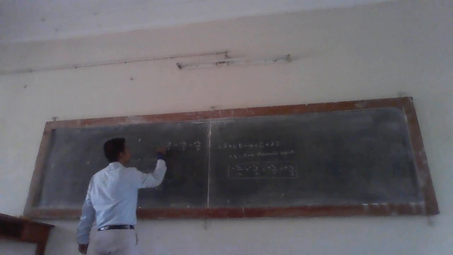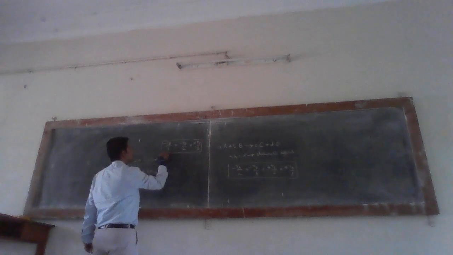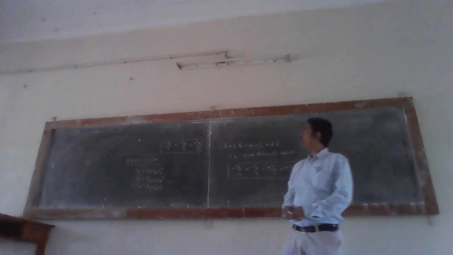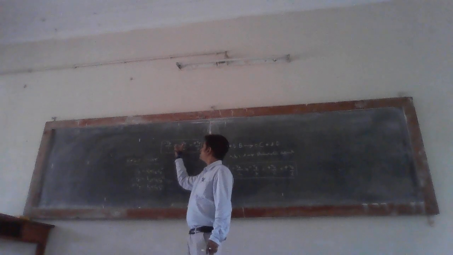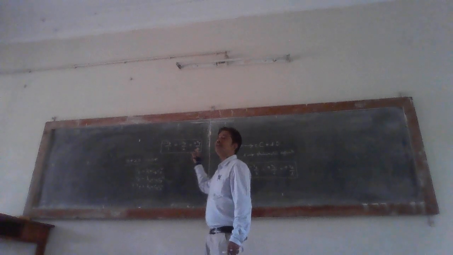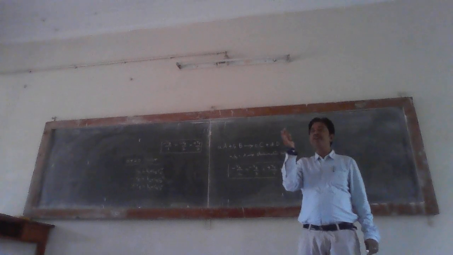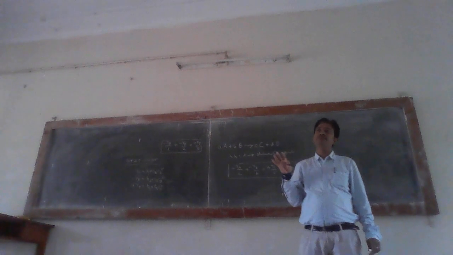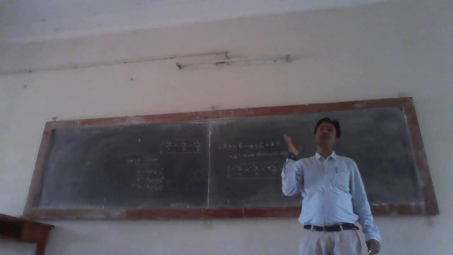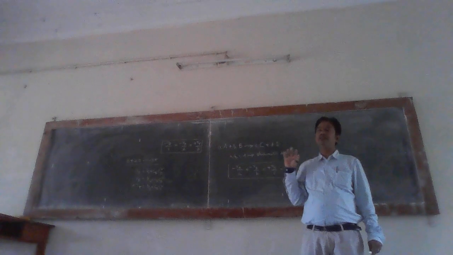So this is the relation that I asked in the last class, the last part of the question. Fine? Got it now? So how I wrote minus RT by 1, minus RT by 2, plus RT by 3 is just we need to divide with the stoichiometric coefficients. Okay, clear?